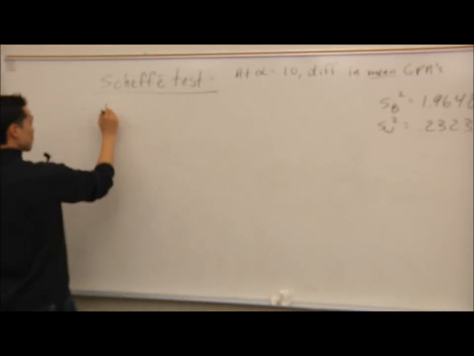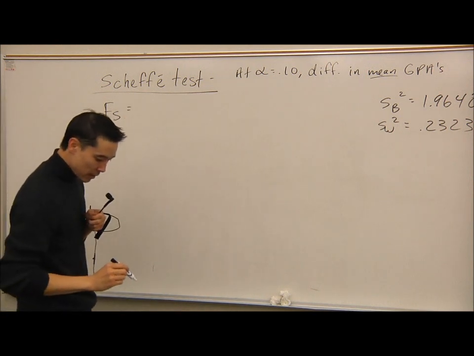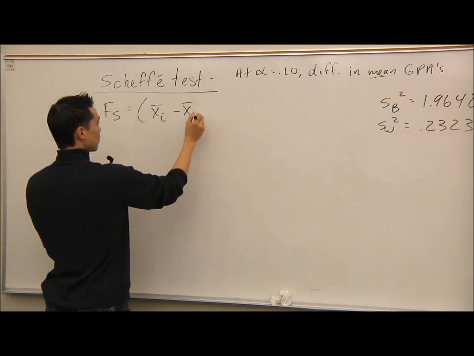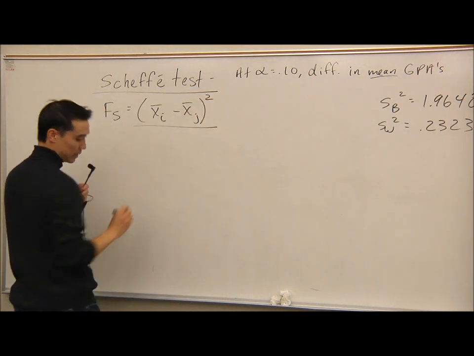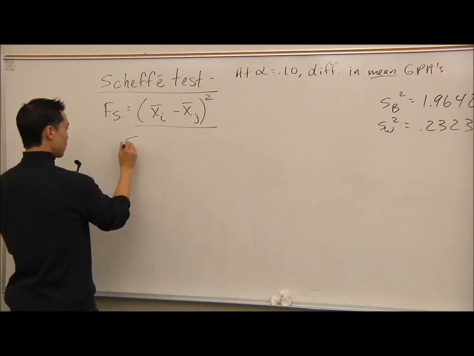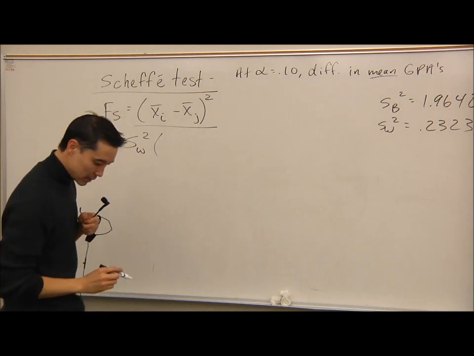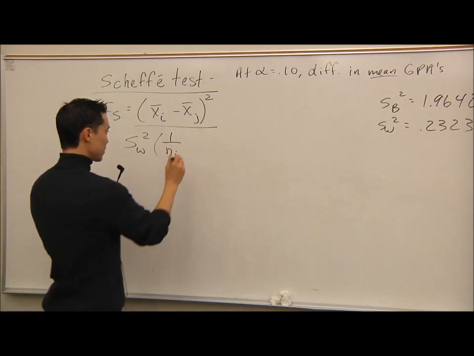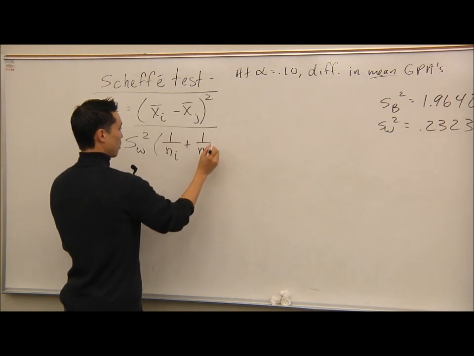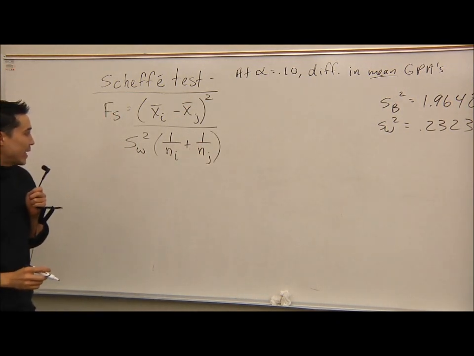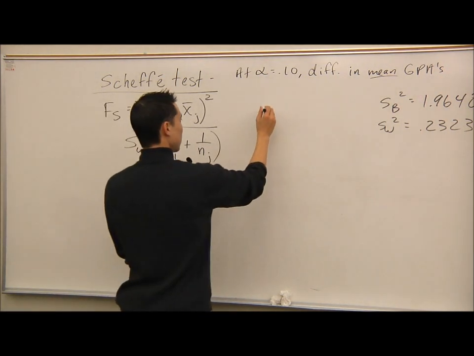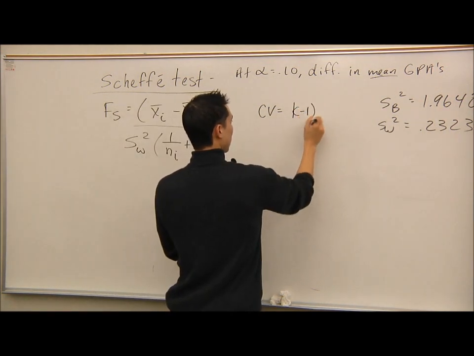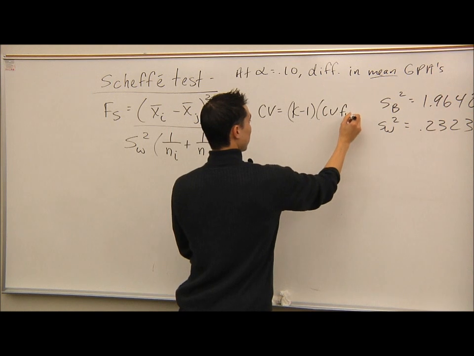So you have F_S equals x sub i bar minus x sub j bar, quantity squared, divided by S_W squared, parentheses, 1 over n sub i plus 1 over n sub j. Okay? And the critical value is k minus 1 times the critical value for the ANOVA we just did.